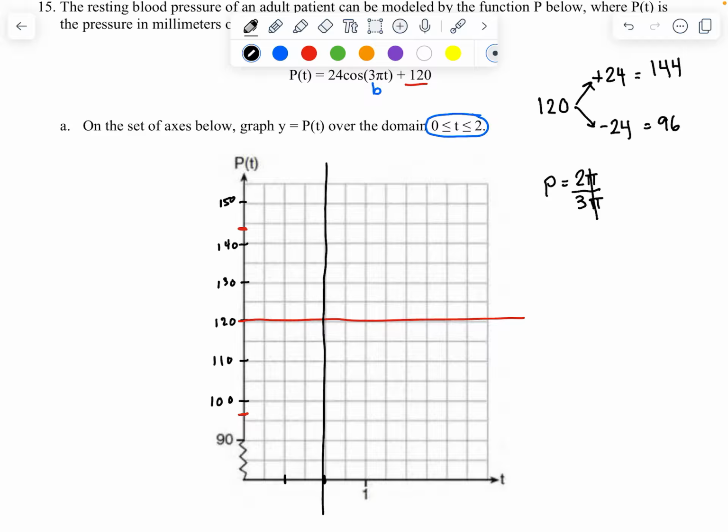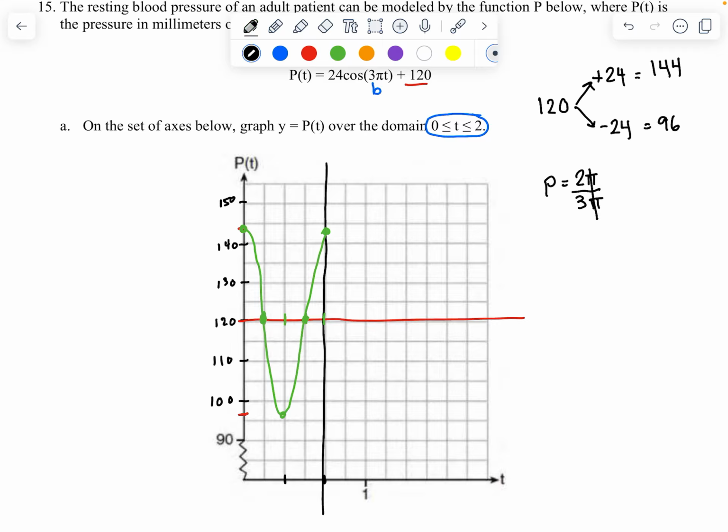Okay, now once you know that, you can go ahead and graph that cycle. How many parts does that cycle break up into? 4. So 1, 2, 3, 4. And because this is a cosine curve, you know that you're starting high. So 1, 2, 3, 4, 5. So I'm going to go down and up.